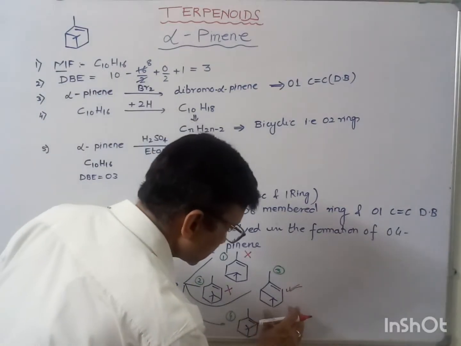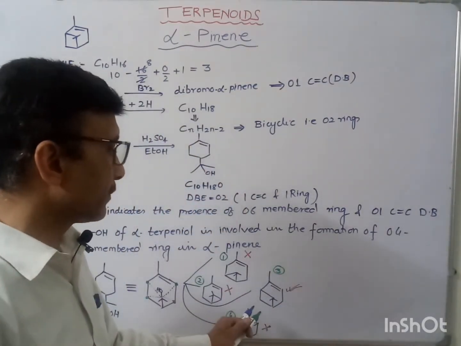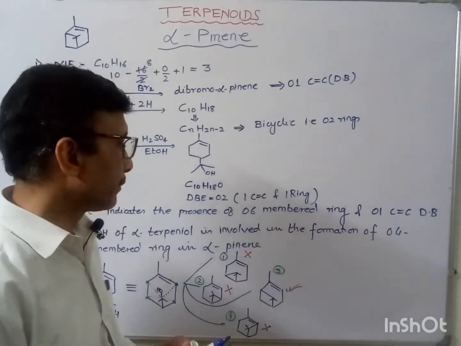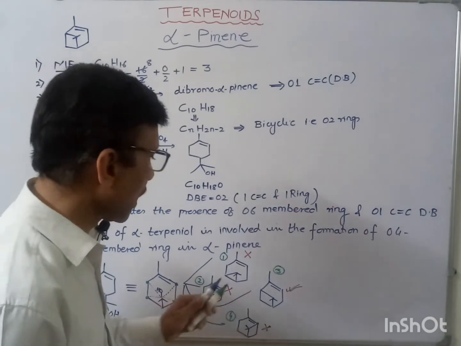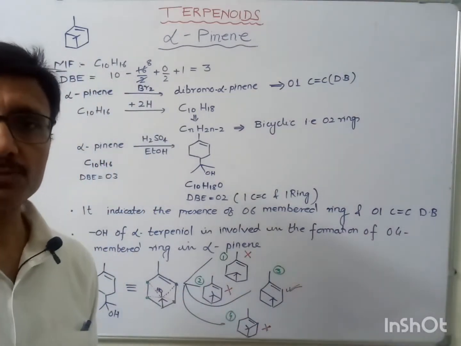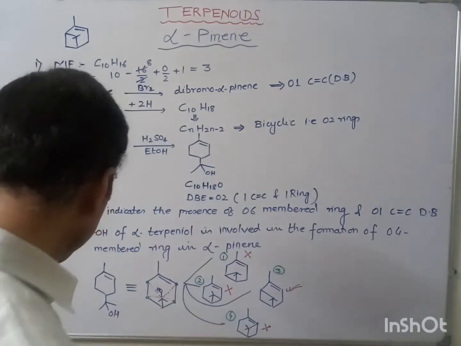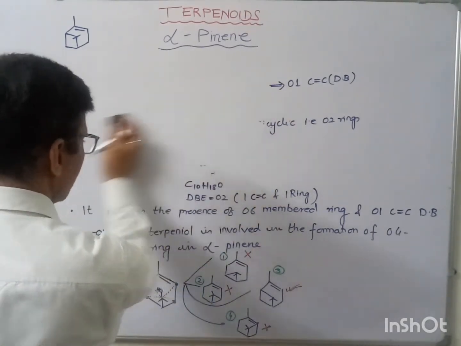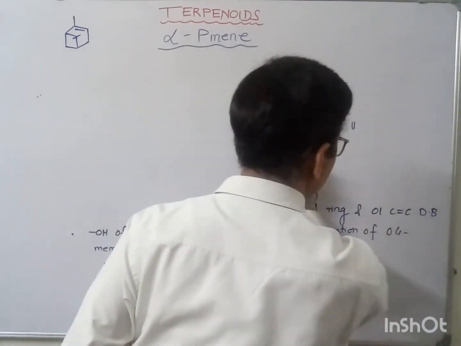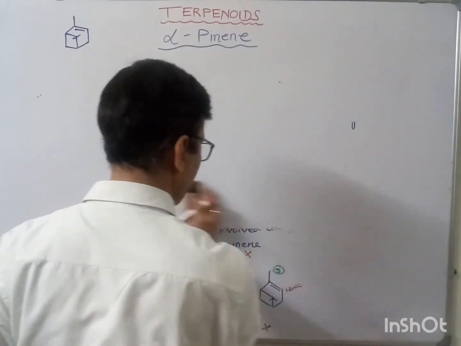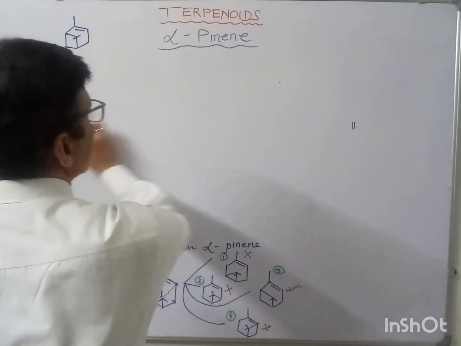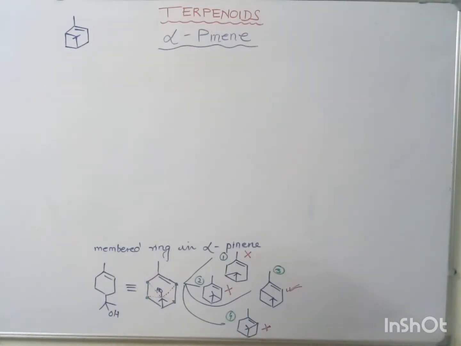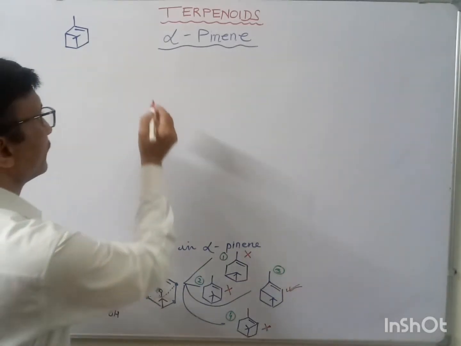The formation of this four-membered ring was proved by Baeyer. So let's see how this four-membered ring was proved. Baeyer proved that alpha-pinene contains the four-membered ring.